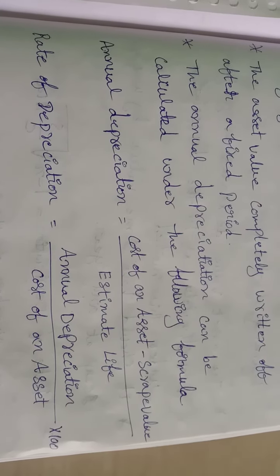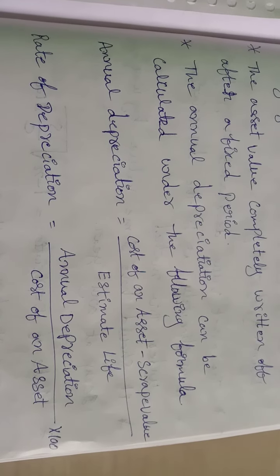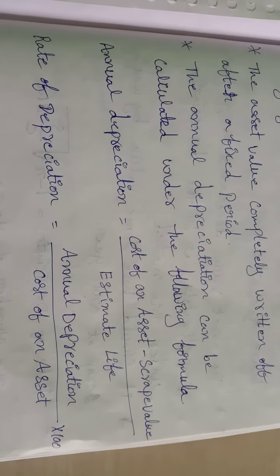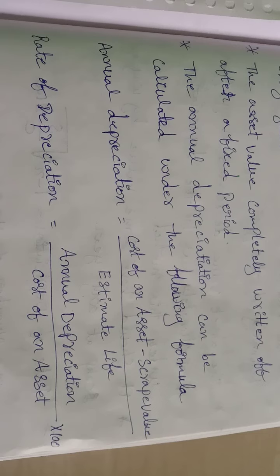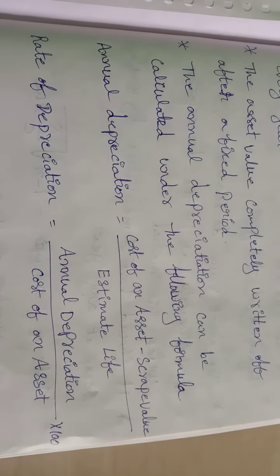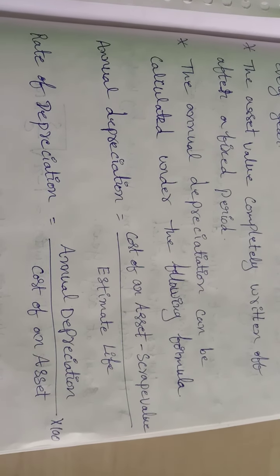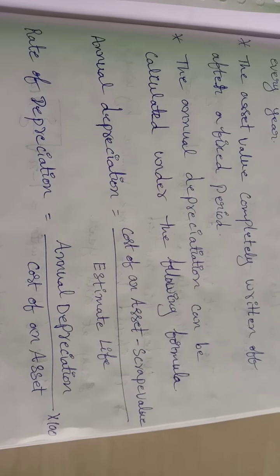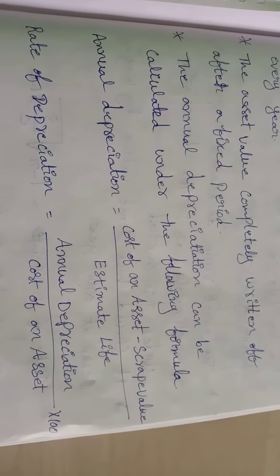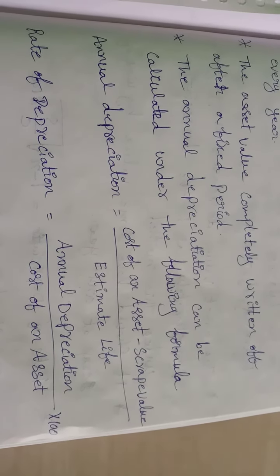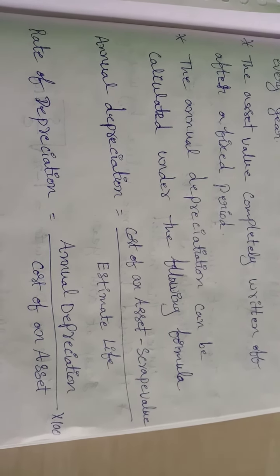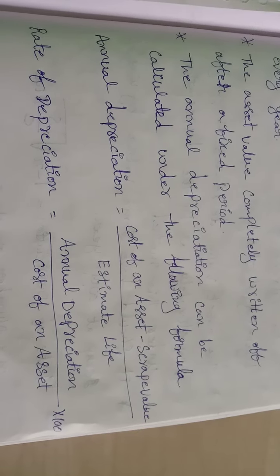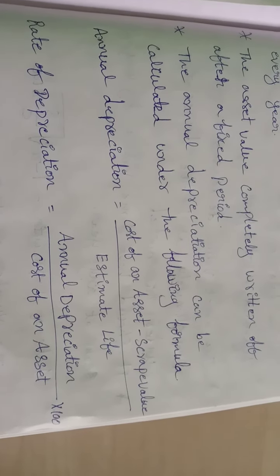The annual depreciation can be calculated under the following formula: annual depreciation is equal to cost of the asset minus scrap value by estimated life. Second, rate of depreciation is annual depreciation by cost of the asset into 100.